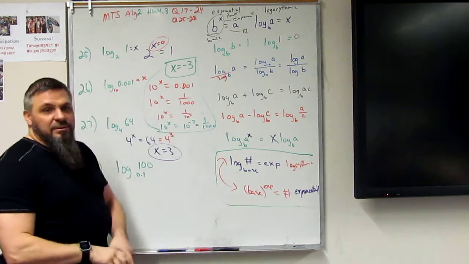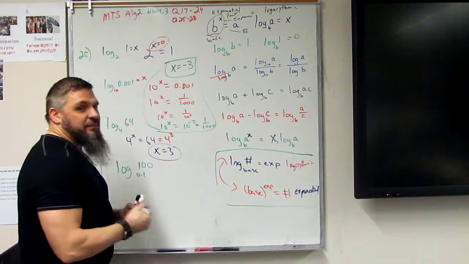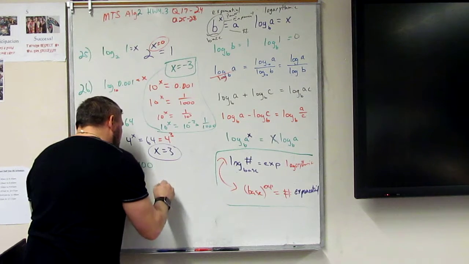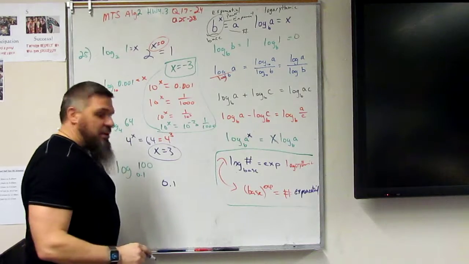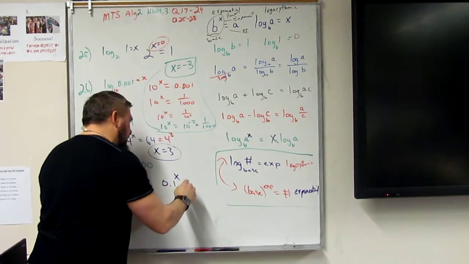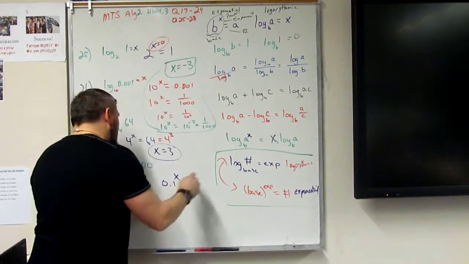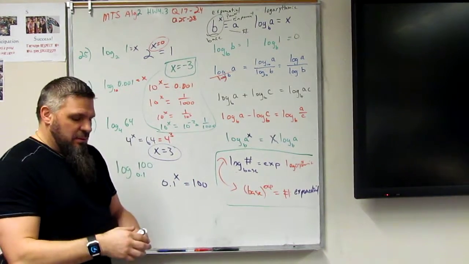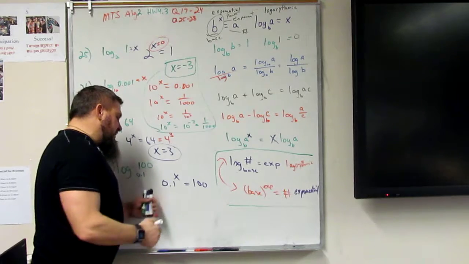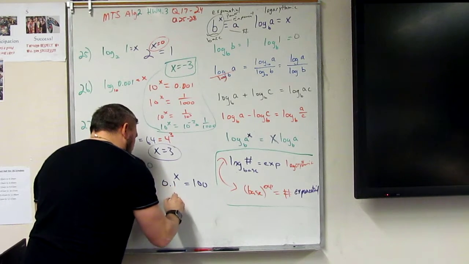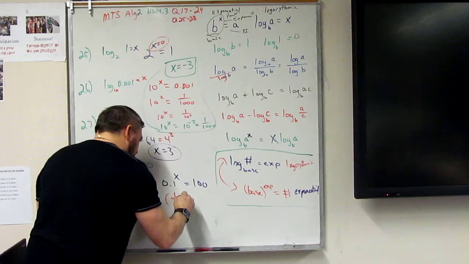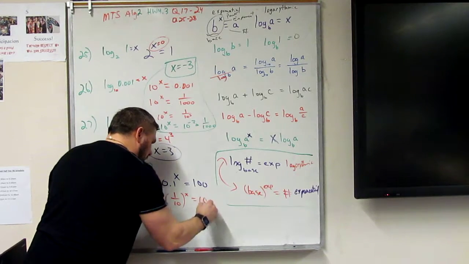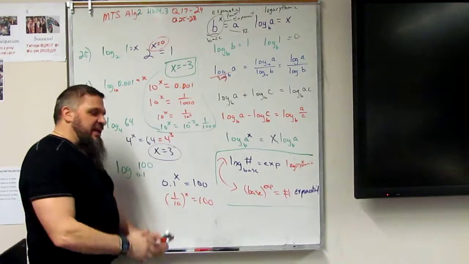Alright, what about this one? What's the base? 0.1 raised to some unknown power is equal to 100. Alright, so in order to make that, can I just say that this is 1/10? Is that okay? So how do I put the 10 up top?